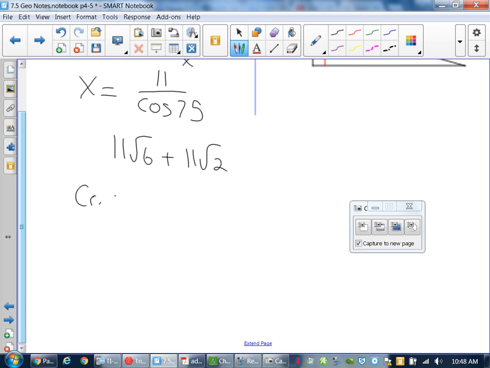Cosine of 75. Well, that's the cosine of 45 plus 30.